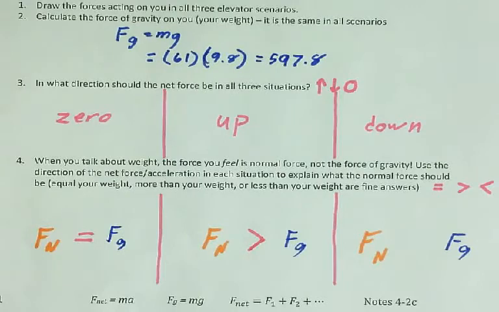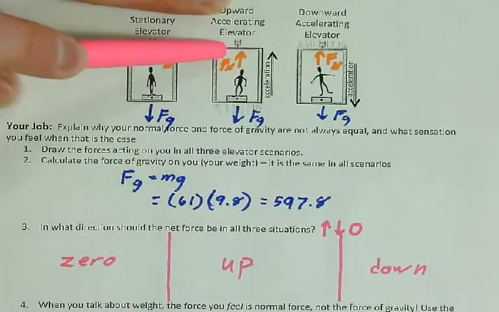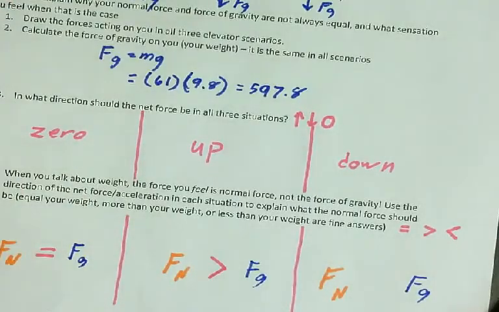And that's because the normal force is the one that acts up. Right? If the net force is up, what force is up? Normal. So that means normal is the larger one. All right? Davin, what about that last one?